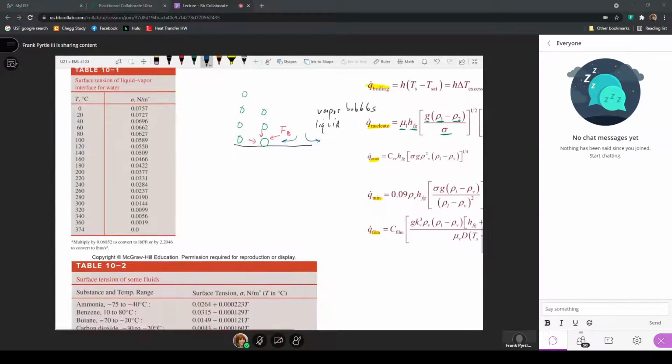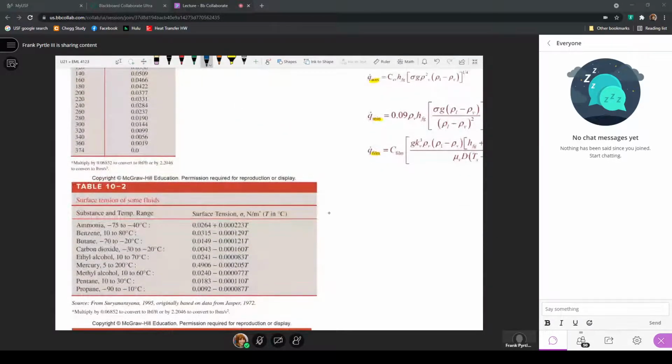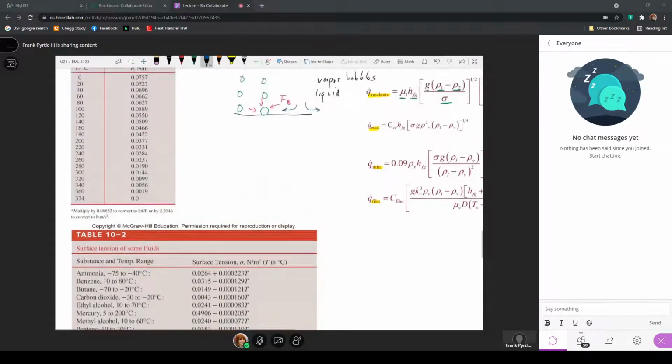If we're using other fluids, we have these expressions of the surface tension as a function of temperature for all of these other fluids for which we might be considering boiling to occur. But for any of these other fluids, we would also need to get the properties.